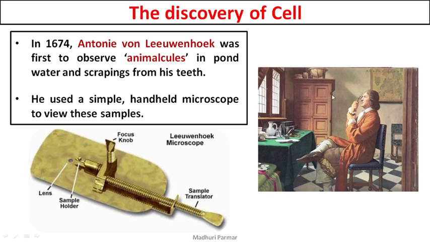So the light entering from the windows will enter the lens and will enter the sample, and from the sample you will be able to see through the lens. Okay, you see through this lens and the object will be magnified. Fine. Antony van Leeuwenhoek is also known as father of microbiology. So that is one important point you should consider remembering.